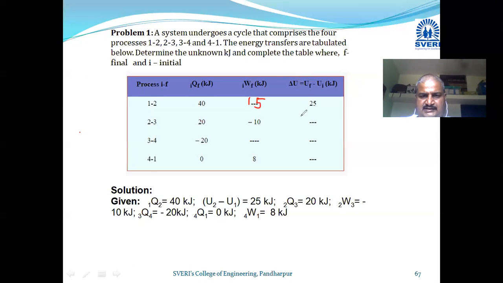Now here it is 30. Now if you concentrate on process 3 to 4, you will come to know how many unknowns are there. Two unknowns are there.